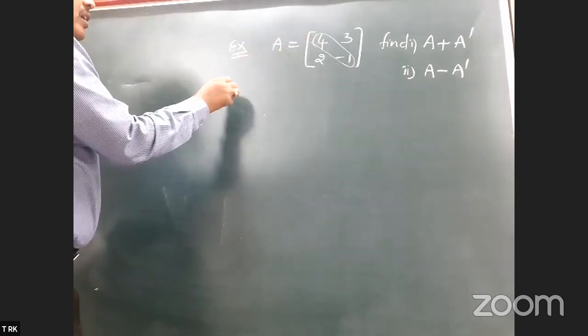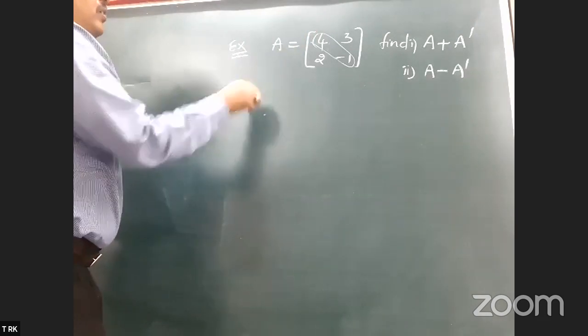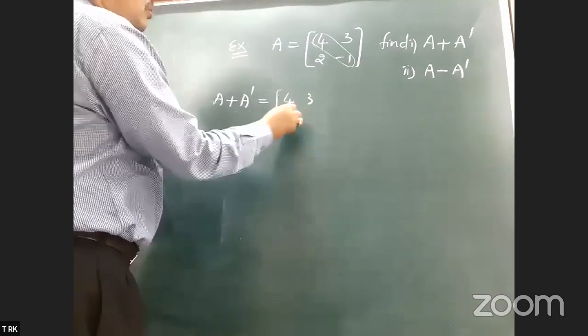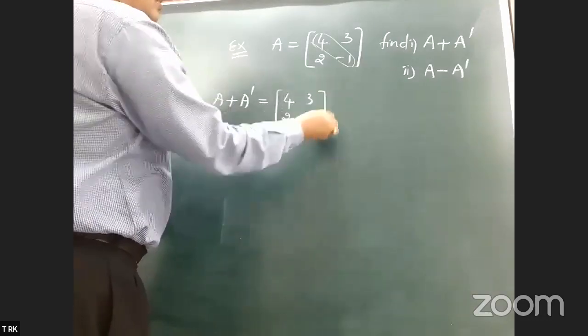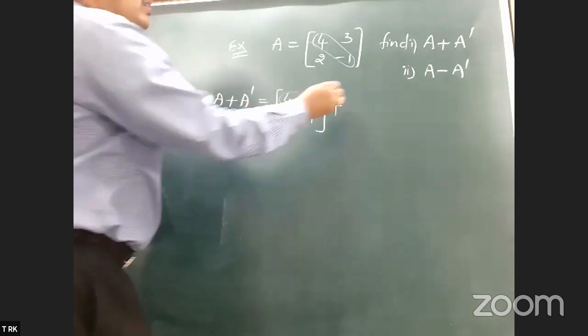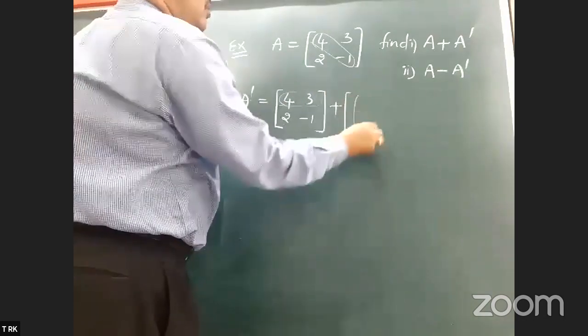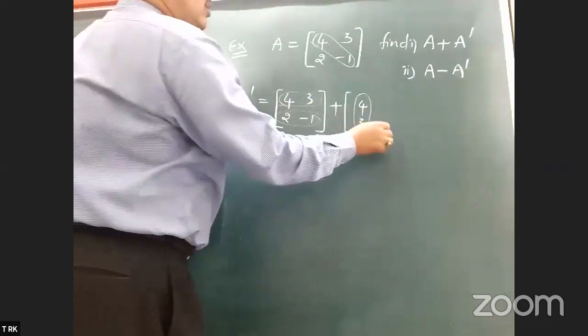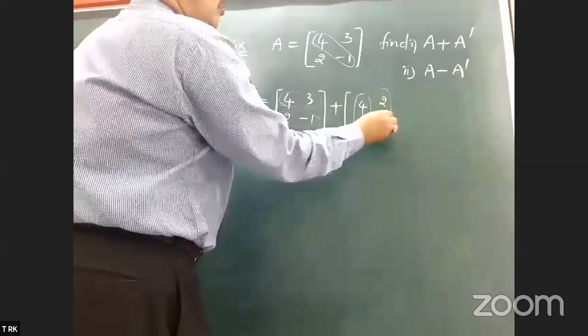So A plus A dash, A is 4, 3, 2, minus 1 plus, see, dash is transpose of A. So it is in this way 4, 3, 2, minus 1.